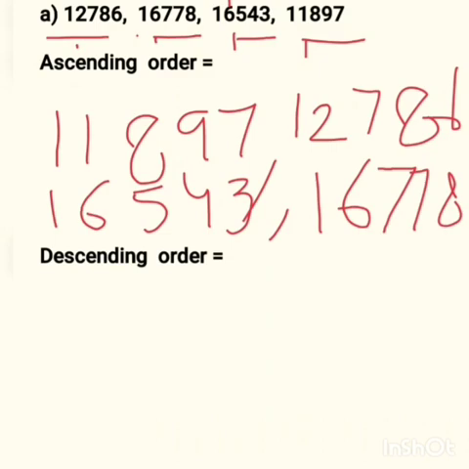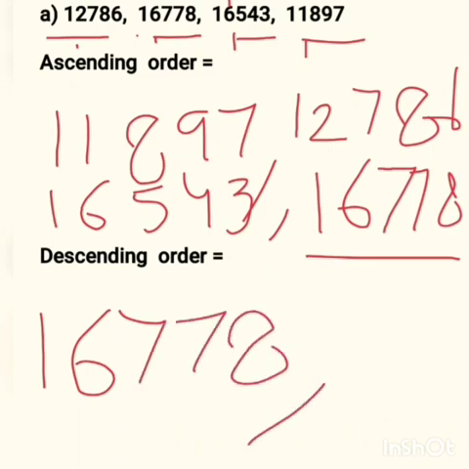Now in the descending order, which one is greater? You know how to form these digits in ascending order. In descending order, we have to order from largest to smallest. So which one is smallest? This one.